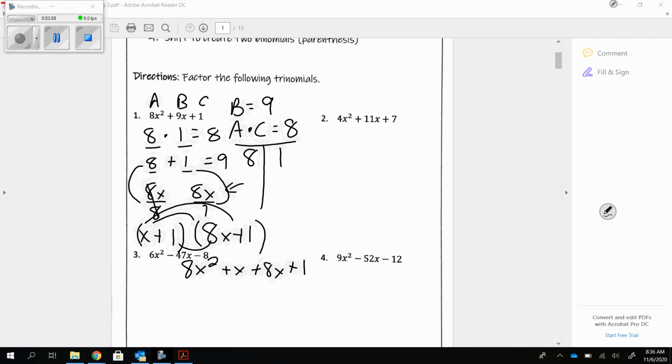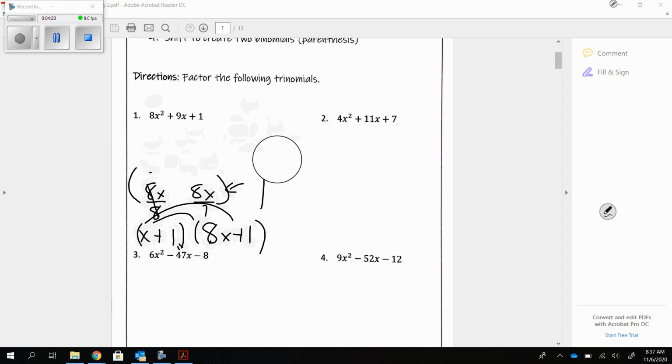Sorry about that, y'all. 1 times 1 is 1. I make mistakes too. And then we just combine like terms, and we get 8x squared plus 9x plus 1. And we know that's the exact same as what it started with, so we know these are two binomials factored out. So x plus 1 and 8x plus 1.